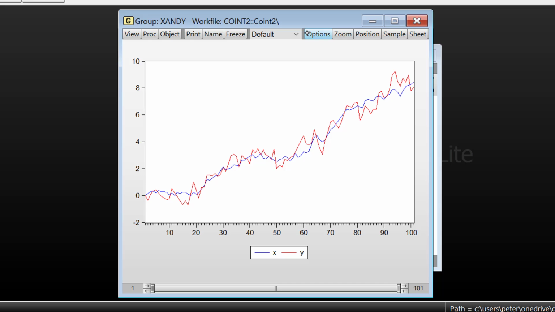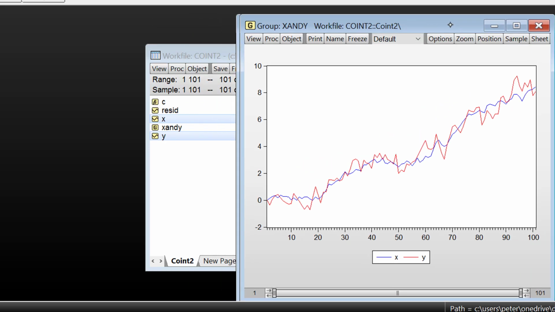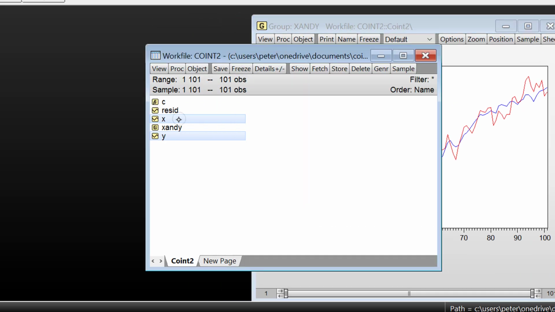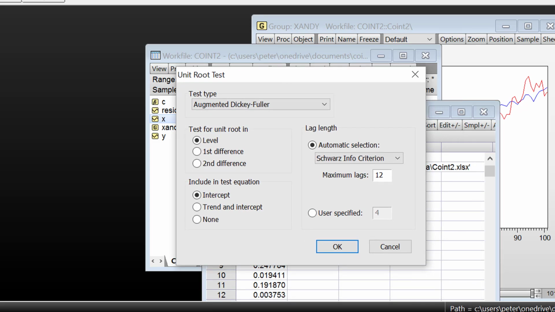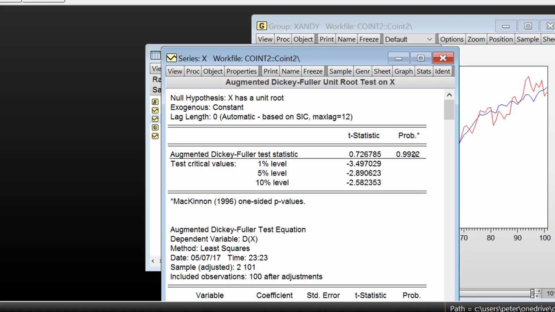However, we also have a formal test. I can test for a unit root. If I open one of them, go to View, Unit Root Test, click OK, we can see that the p-value is very large. We cannot reject the null of a unit root.